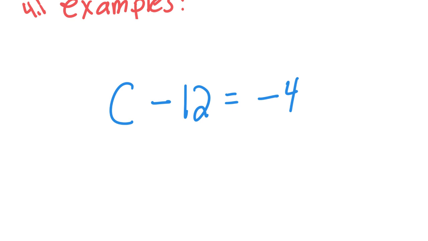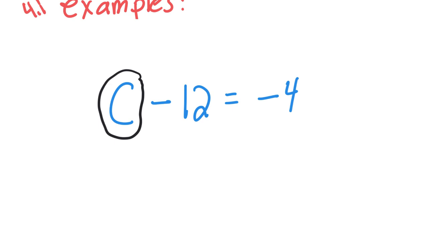First example is C minus 12 equals negative 4. So what I'm going to do is I'm going to circle my variable. And what's happening to the variable? It's being subtracted by 12. What's the opposite of subtract 12? It's add 12. I want to get rid of that minus 12, or that negative 12.